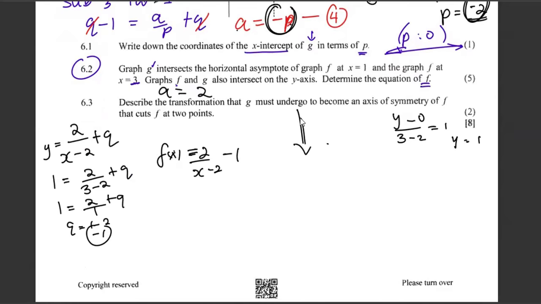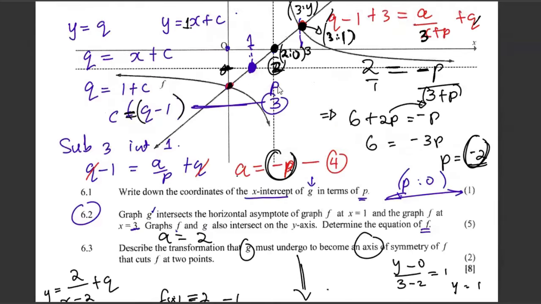Then describe the transformation that G must undergo to become the axis of symmetry. So we know that the axis of symmetry must be passing through the points of intersection. It should be passing through that point there. Now remember, the equation of this graph is x plus a c, meaning that the gradient is already a 1, meaning that the only thing that can be done is just to drop this from there up to here.